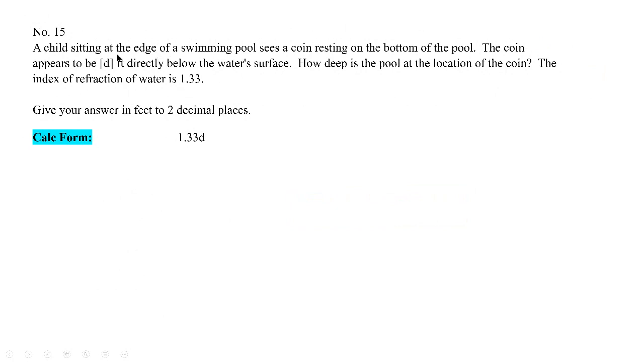Let's say you or your child are sitting at the edge of the swimming pool and you see a coin or your key or whatever is valuable resting on the bottom of the pool. The coin or key appears to be at so many feet directly below the water surface, right? A certain distance below. How deep is the pool at that location? And be careful. It always appears to be less.